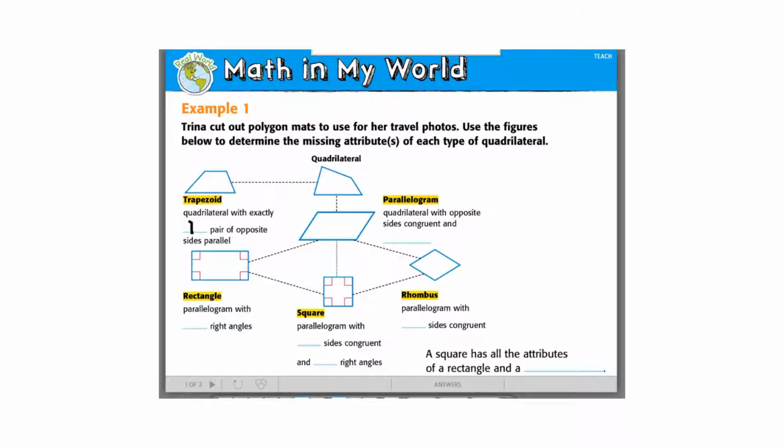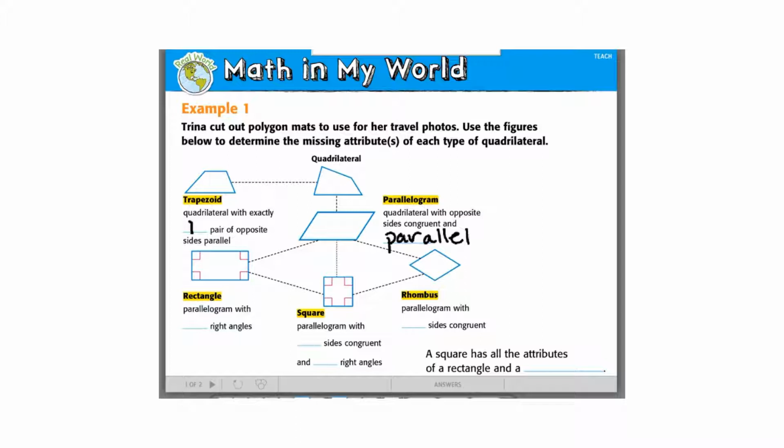Now if you go down from the quadrilateral shape right here, you get to this shape, which is called a parallelogram. It's a quadrilateral with opposite sides congruent, and what? What will I write on that line? Parallel. Now, do you see how the parallelogram is also connected to the rectangle?